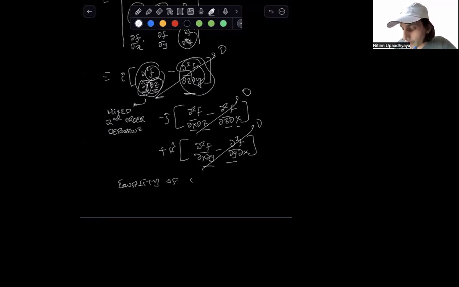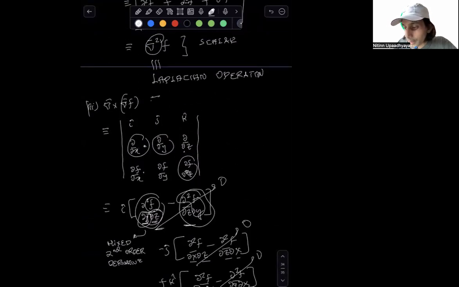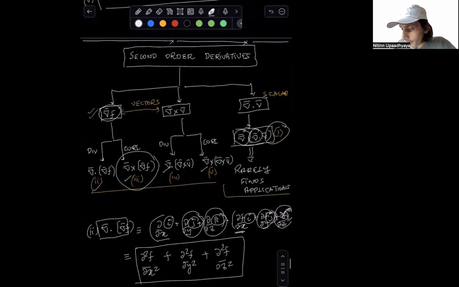And when all of these terms are zero, it turns out that the curl of the gradient is zero, which is a very good result for us, which means that this particular combination will always evaluate to zero.